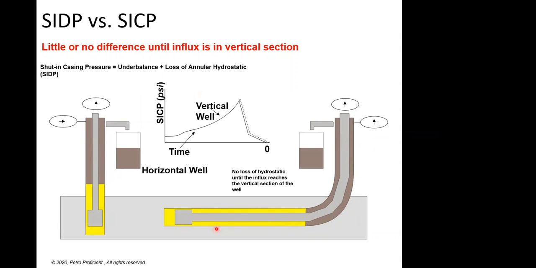As long as your kick, your influx, is in the horizontal section, both of the pressures will be the same, and there won't be any loss of hydrostatic pressure.